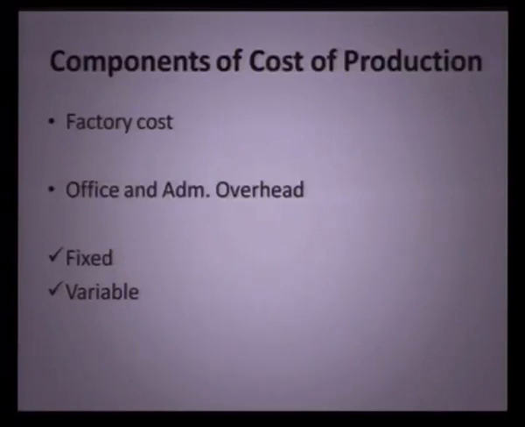As far as office and administrative overheads are concerned, there are basically expenses which occur beyond factory premises. There are some administrative blocks where management people take meetings, decisions are taken, and the key management people have their own expenditure, they have their own staff.